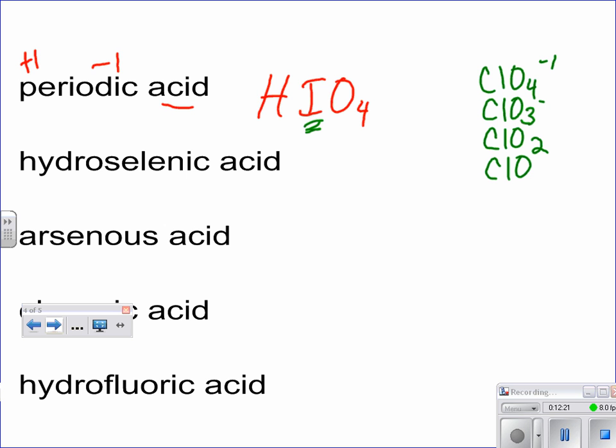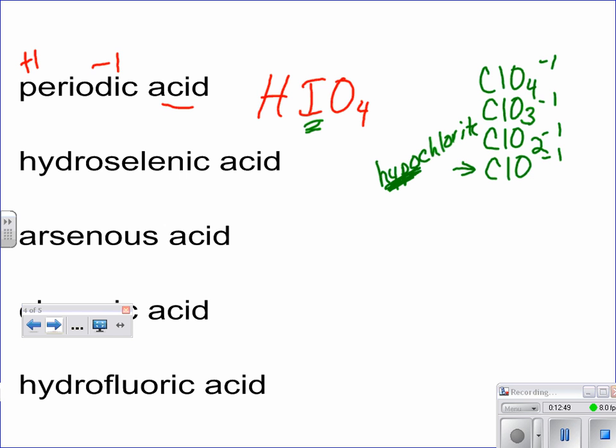All of these have a -1 charge if you just happen to see those on your polyatomic ion sheet. Now, what I want to mention about this is the name is hypochlorite. This hypo just very coincidentally sounds similar to hydro, but it has absolutely no relationship whatsoever. So don't think that this means hydro. You'll see something similar to that on your homework, and I just wanted to point that out.